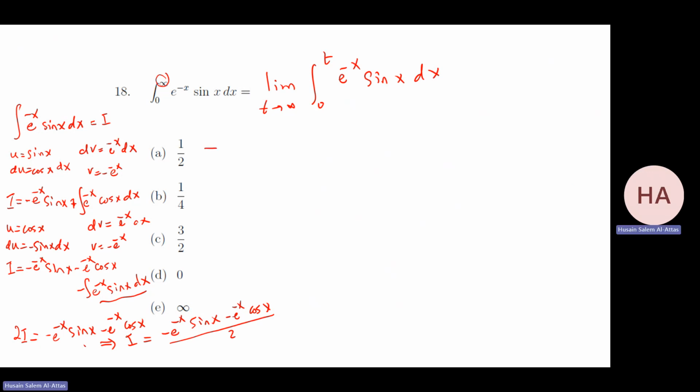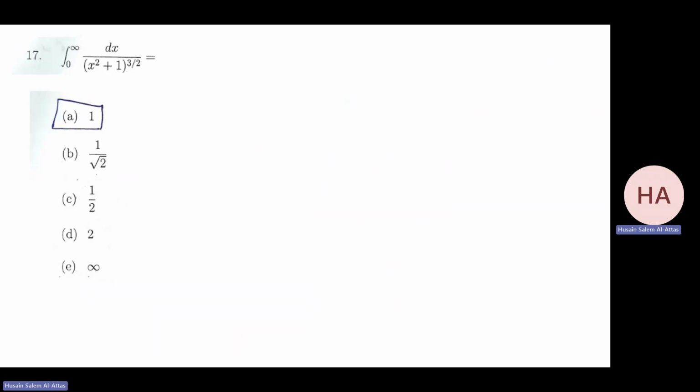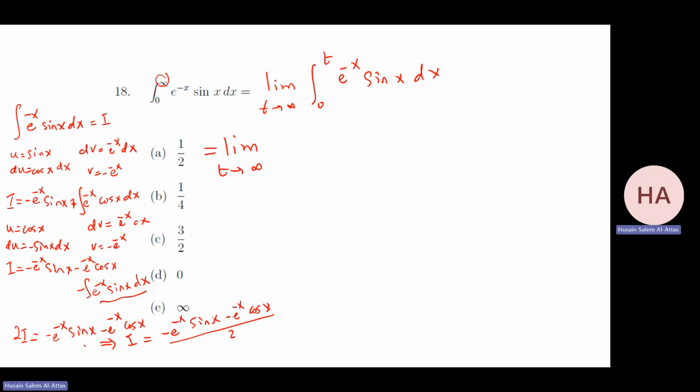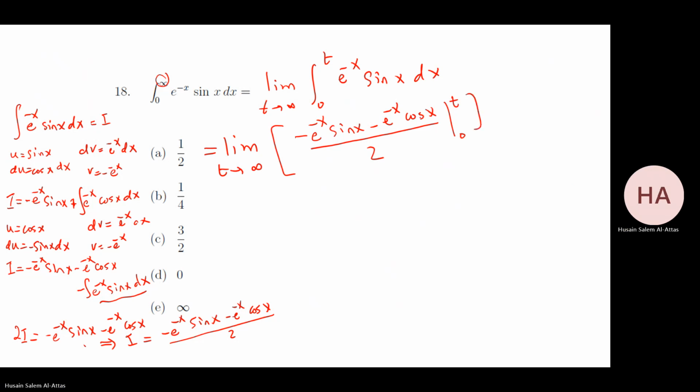So now this limit will be the limit as t goes to infinity of minus e to the minus x sine x minus e to the minus x cosine x over 2 from 0 to t.